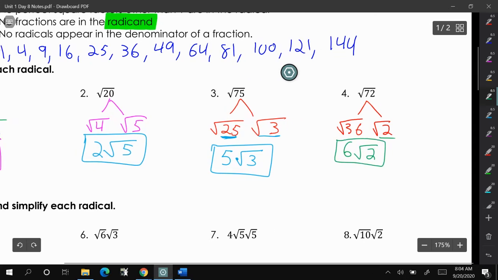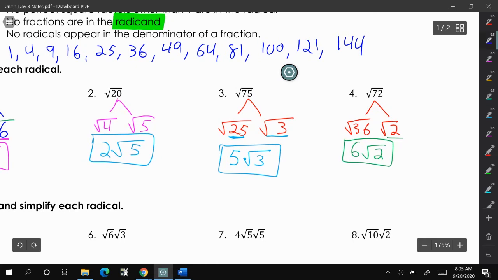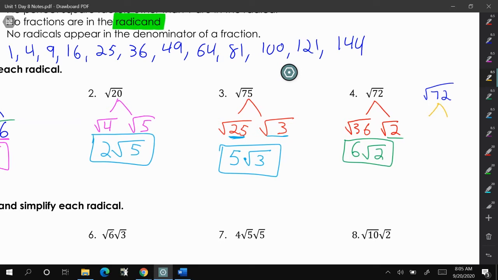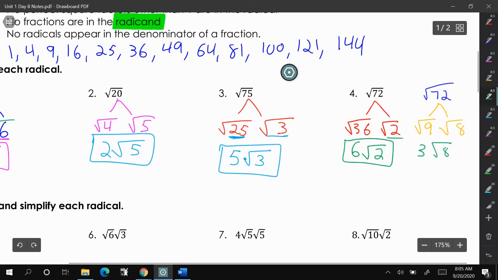However, if you don't see that 72 can be broken down into 36 times 2, you can do it another way and say, okay, let's try the square root of 9 and the square root of 8. The square root of 9 is 3, but we can break up the square root of 8.